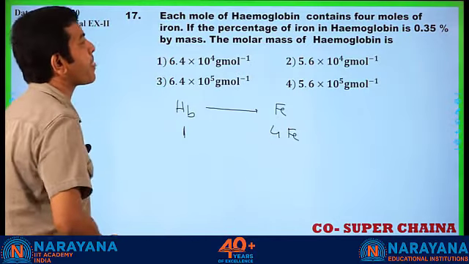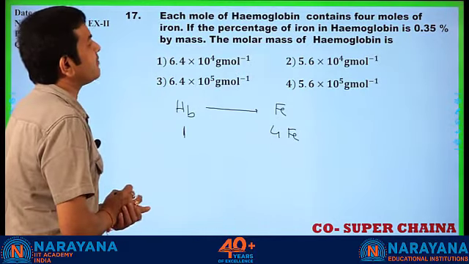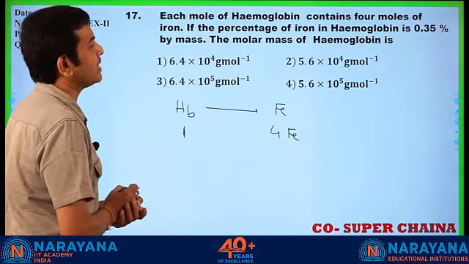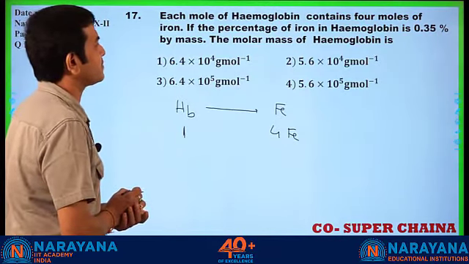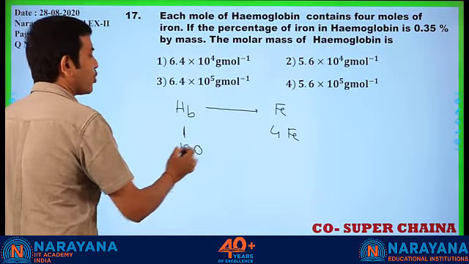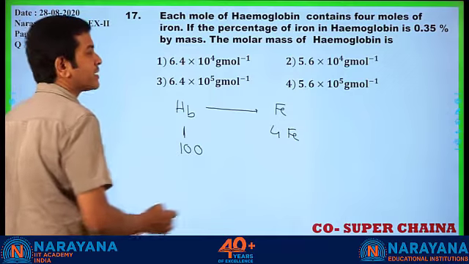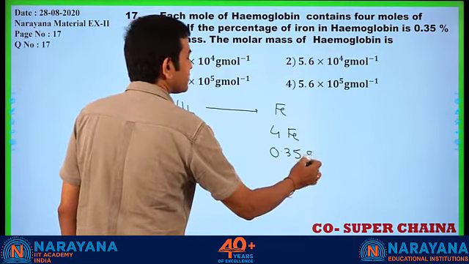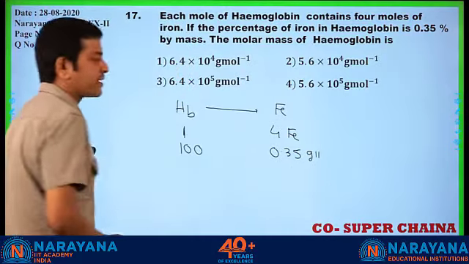The percentage of iron in hemoglobin is 0.35% by mass, which means 100 grams of hemoglobin contains 0.35 grams of iron.